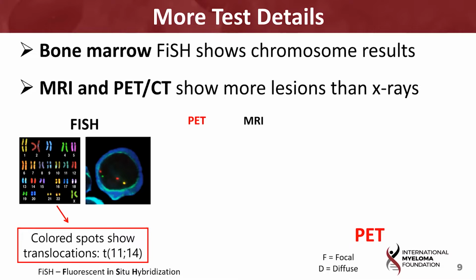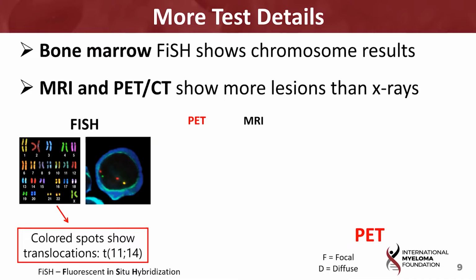This is fluorescent in situ hybridization, where the normal chromosomes are colored, and then using a special microscope, you can look to see whether some of the chromosomes have combined together. So you'll see each chromosome has a different color, like a red and a green. If you see a red spot and then a green spot, it means that those have come together, and that's what we call a translocation.